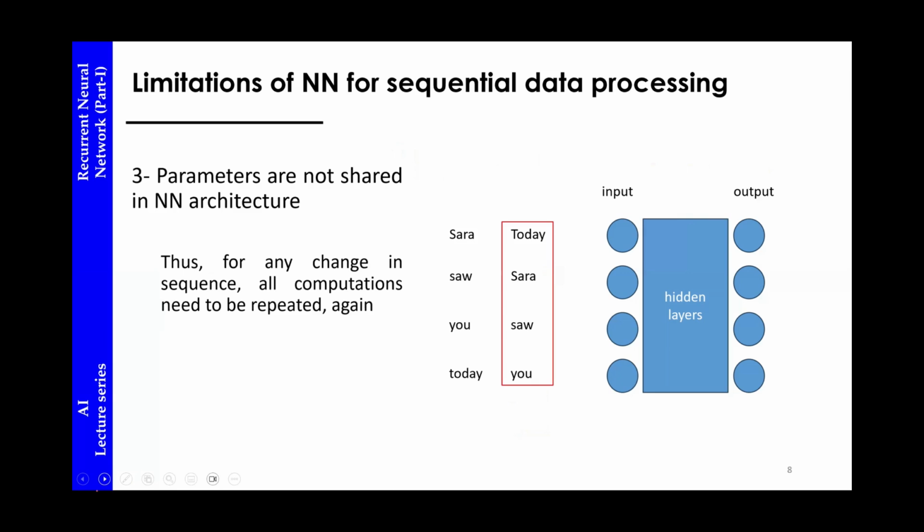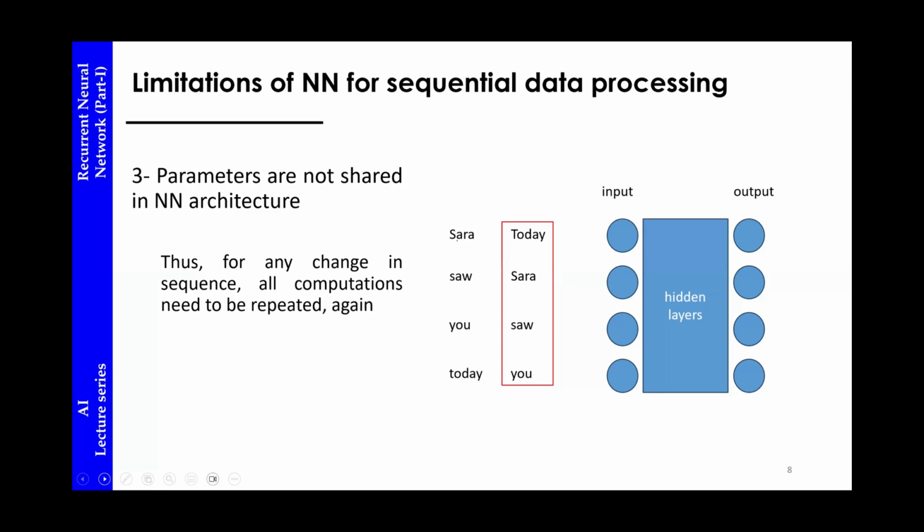This reason is that in a fully connected neural network, parameters are not transferable. Fully connected neural networks do not share the parameters. I have an example here.